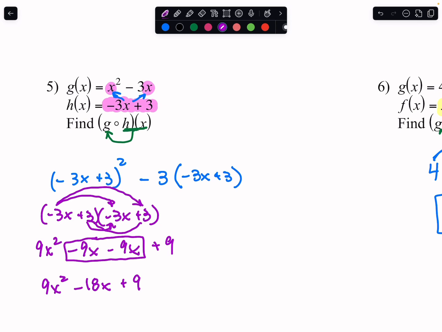Now to go to the other side, this negative 3 has to multiply times this negative 3x, and that ends up becoming positive 9x. And then this negative 3 times that positive 3 is a negative 9. So we're going to go ahead and combine our like terms.